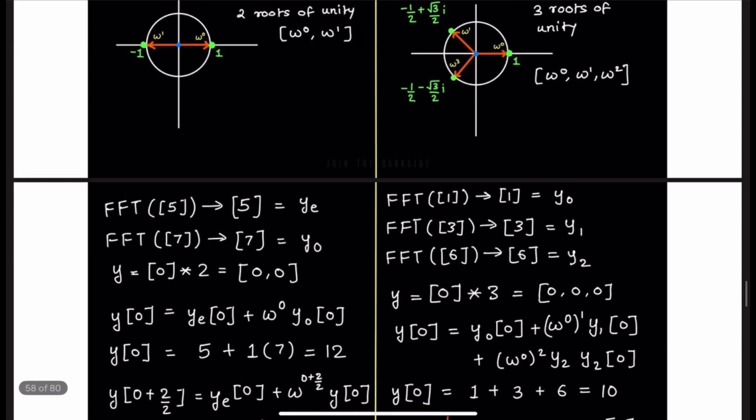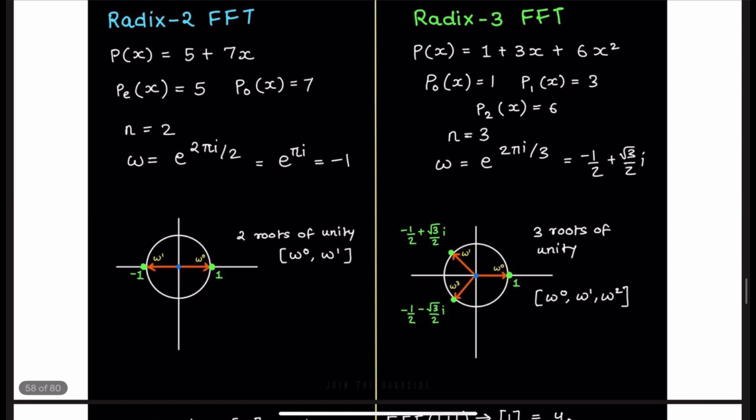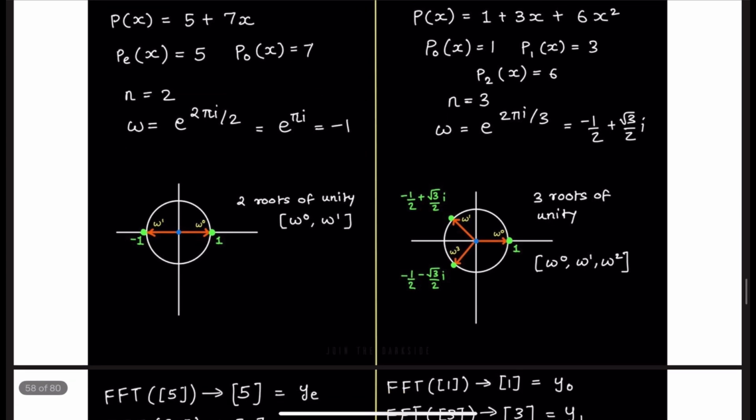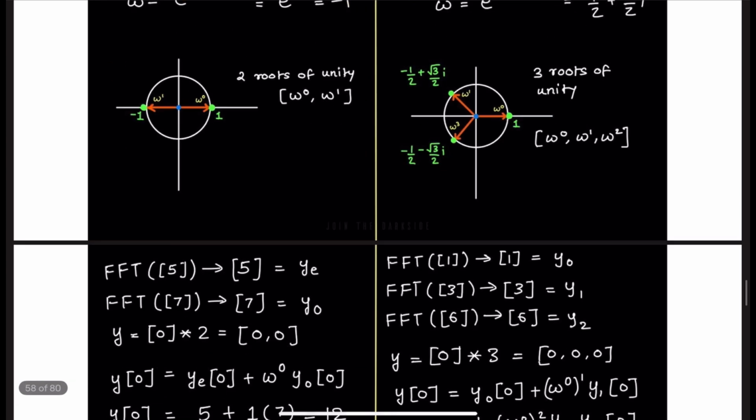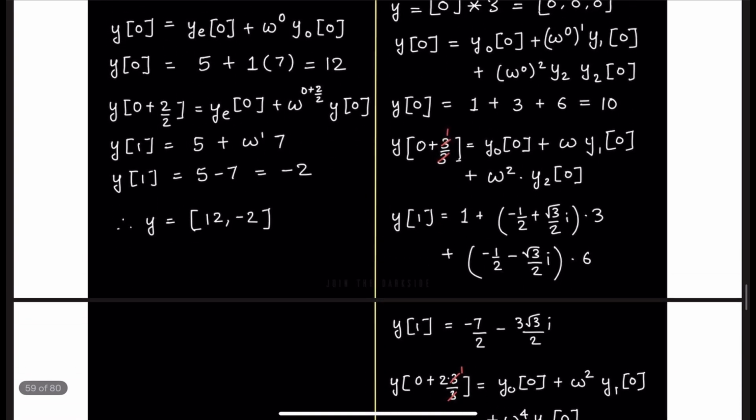After we put the values in radix 2, there are two parts, even and odd, 5 and 7, just a convention. And after using the formula and the function, these are the values.